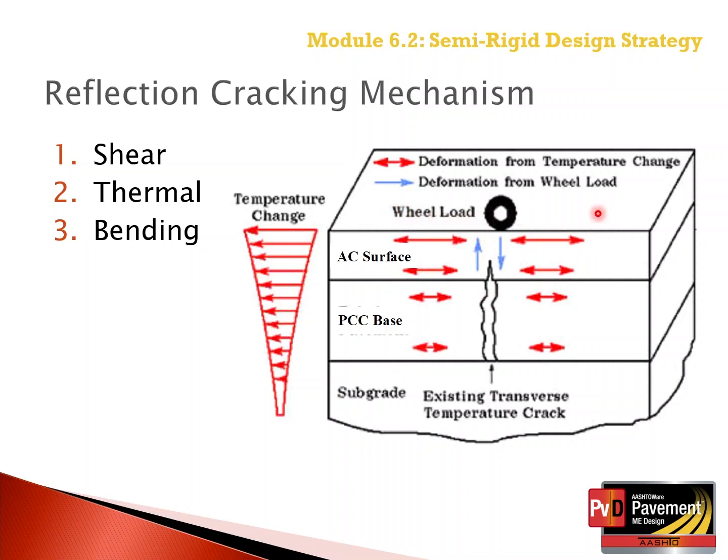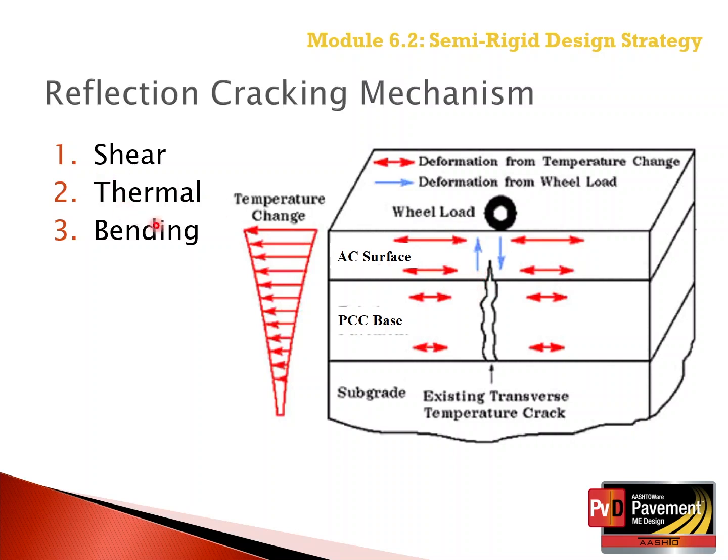As a wheel load goes across the surface of the asphalt, there's a differential deflection at the crack in the chemically stabilized layer, and also at the tip of the crack as the crack grows into the asphalt layers above the stabilized layer. That differential vertical deflection from one side to the other side of the crack is what's referred to as the shear mode.